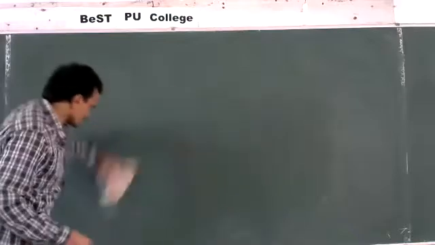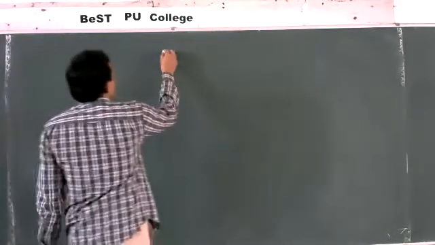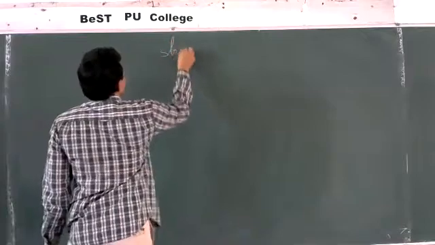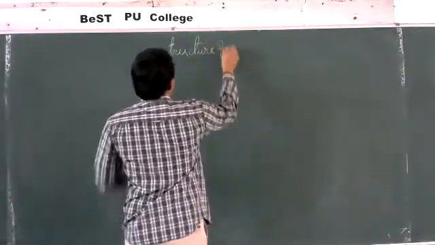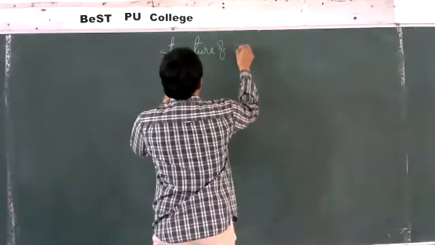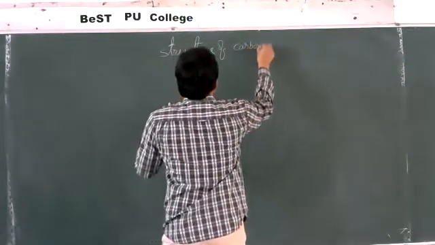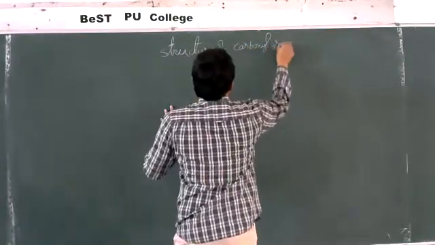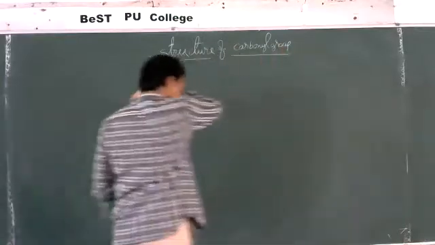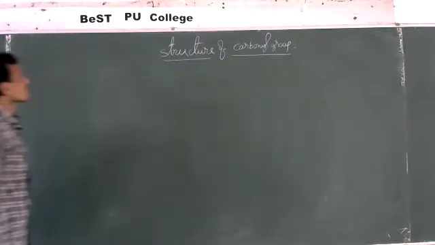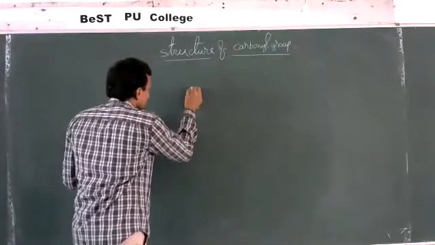The carbonyl group is present commonly in both aldehydes and ketones. Let us see what is the structure of carbonyl group. Structure of carbonyl group. C double bond O.